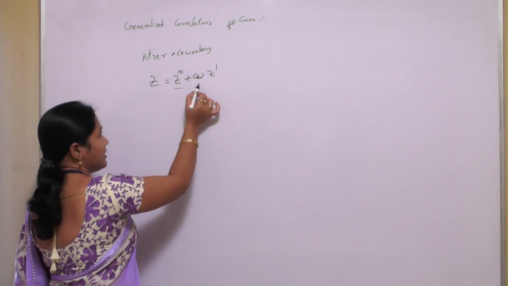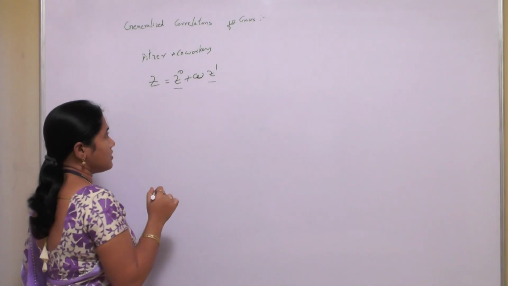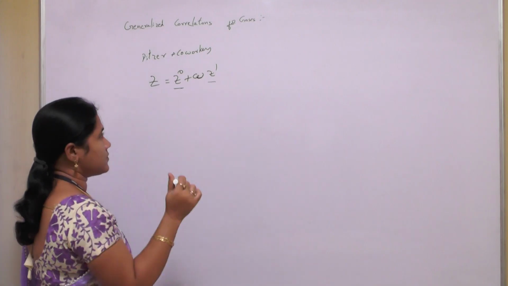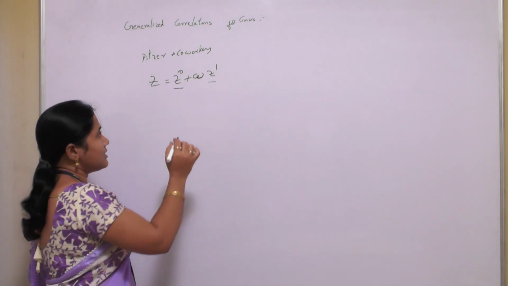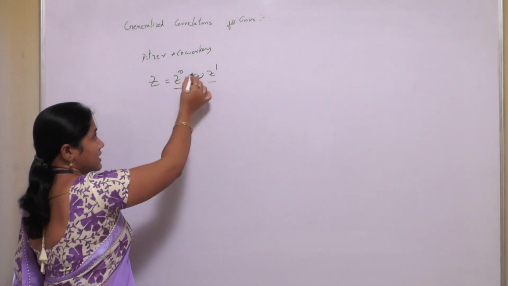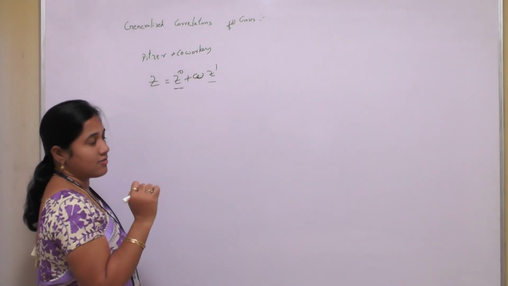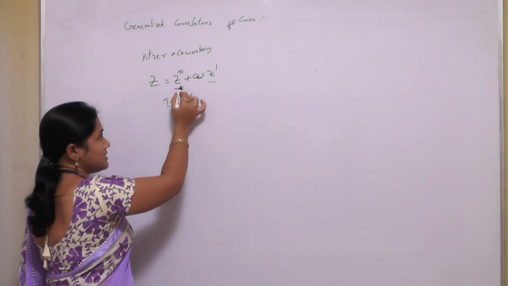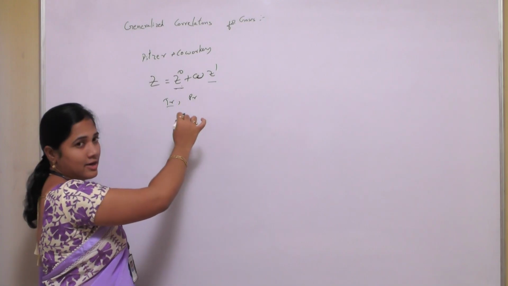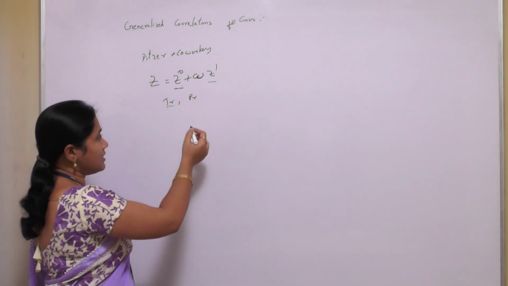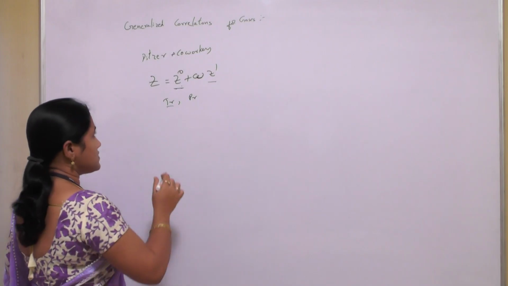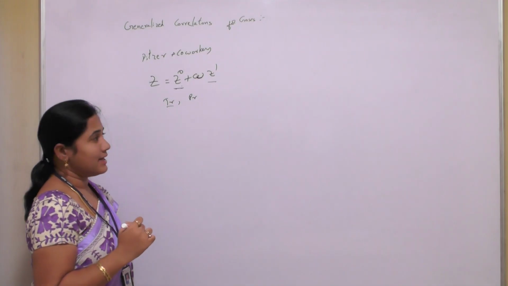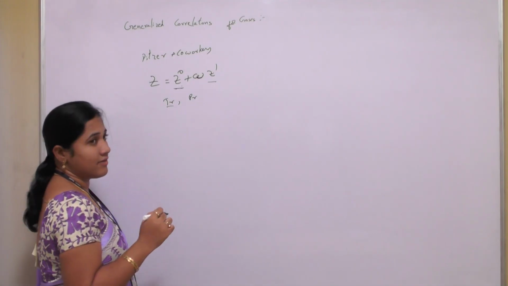These Z0 and Z dash values were found experimentally for different fluids at reduced temperature and reduced pressure, and are given in the appendix of the Van Ness Smith textbook. This is called the compressibility correlation, Z equals Z0 plus omega Z dash, the generalized correlation for the compressibility factor chart.